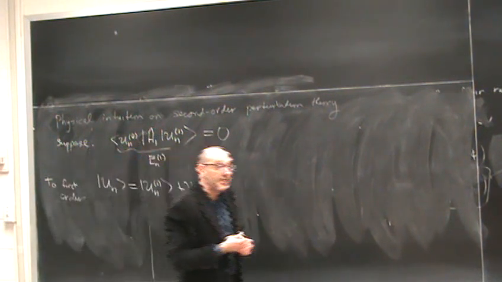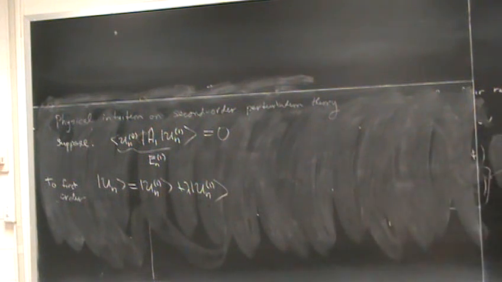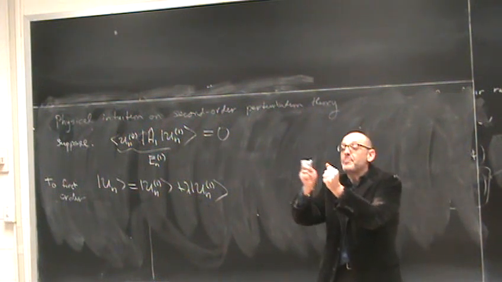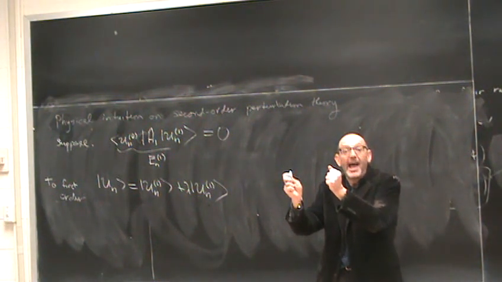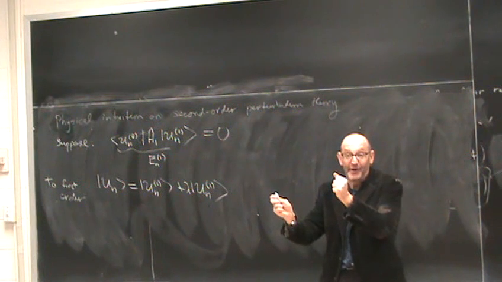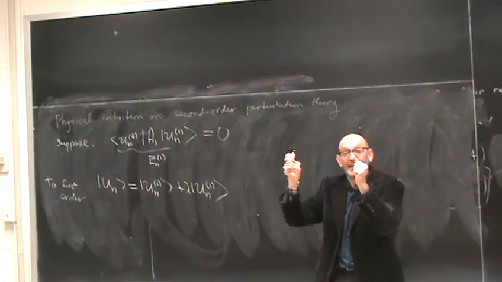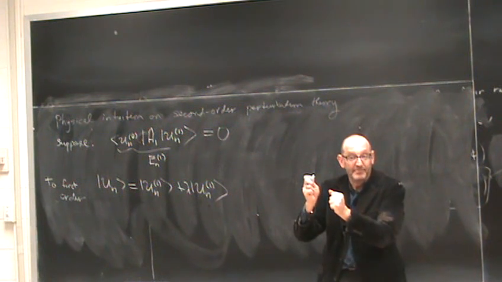So now I can think about what the second order correction is: to first order I perturb the Hamiltonian, and then that first order state has a shift in the presence of the perturbation.